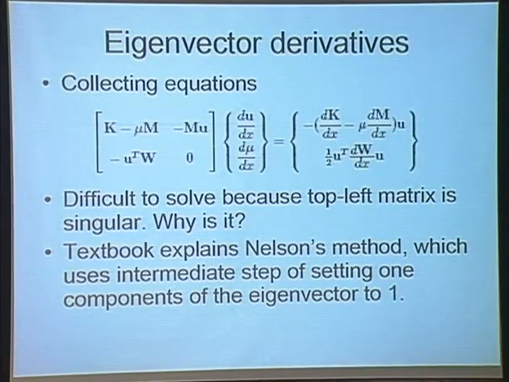Then we can solve it, and once we solve it, we need to rescale the eigenvector to satisfy the normalization condition. This is a bit of algebra, but this is Nelson's method. It was invented around 1976, if I remember right, and it's the mainstay of a lot of software that calculates eigenvector derivatives for sparse finite element type equations.